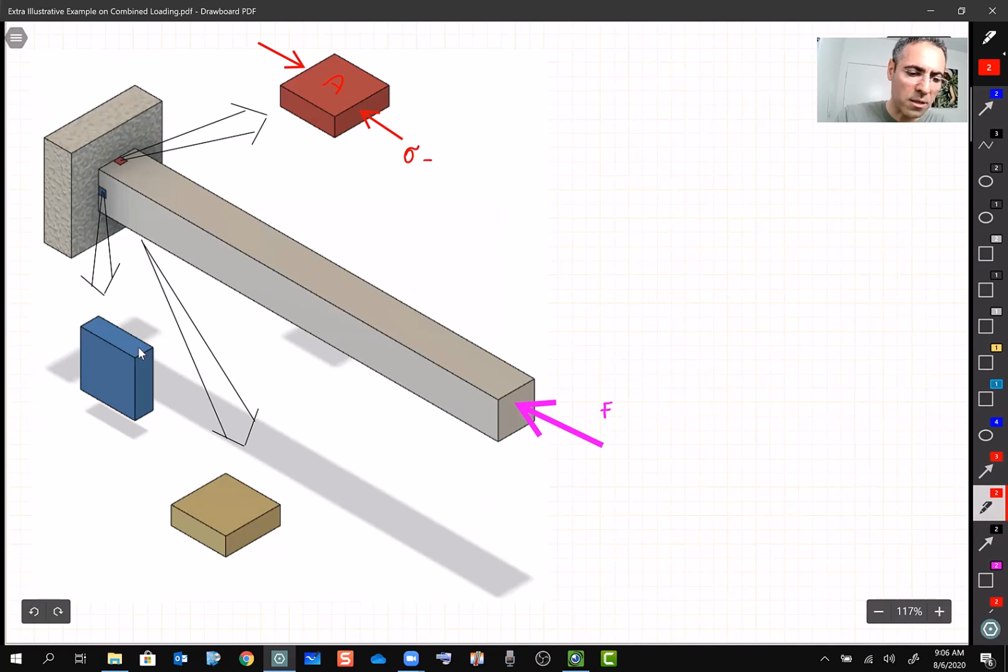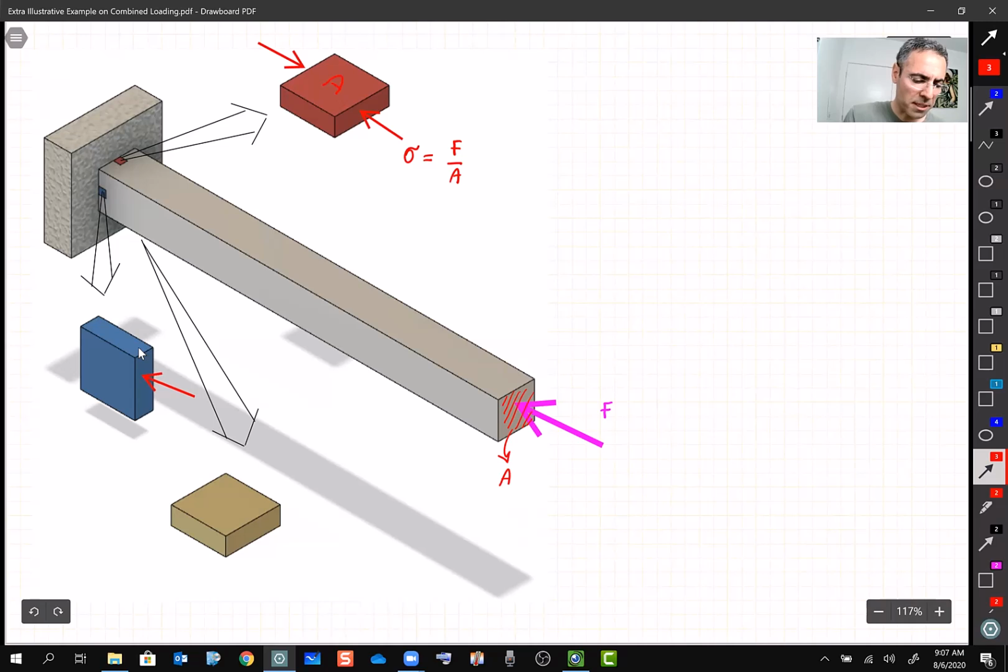Sigma is going to be F divided by A. And we know A is the area of this beam or bar or whatever it is, all right?